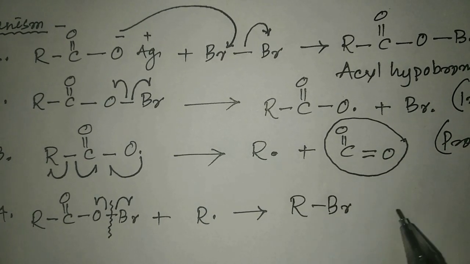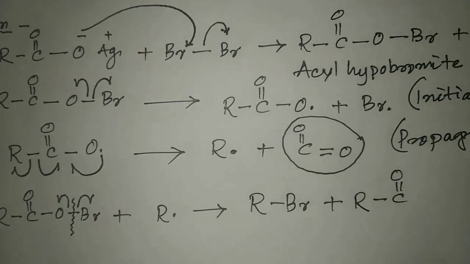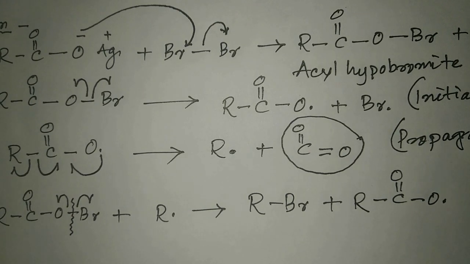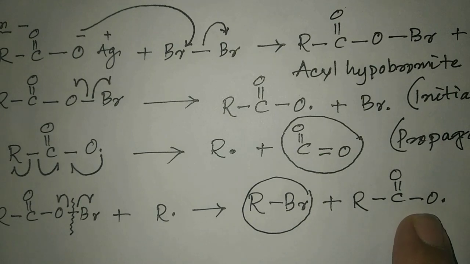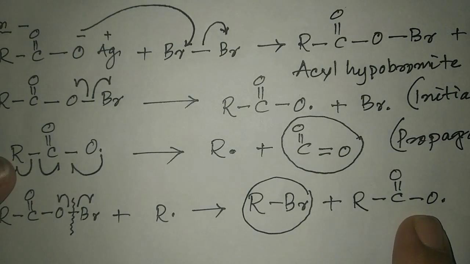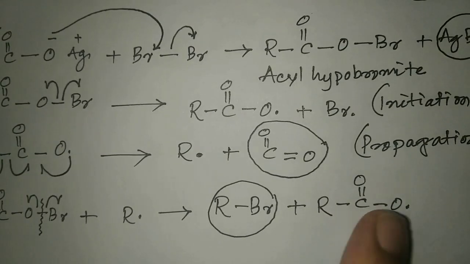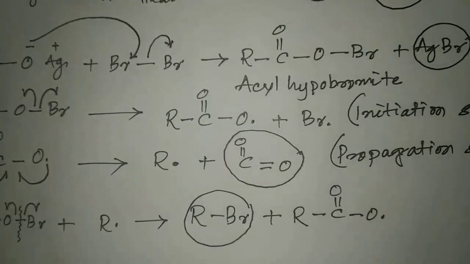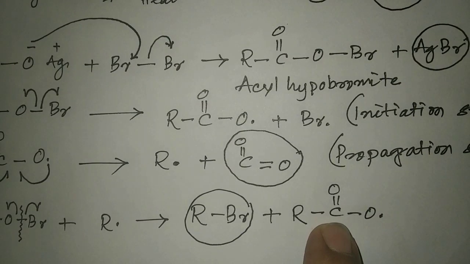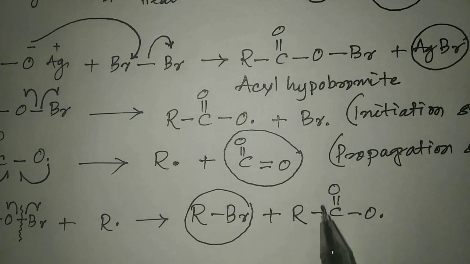This is our product, and along with RBr we are getting the RC double bond O, single bond O acyloxy radical. Once again, this acyloxy free radical will participate in the same manner as the third step. When it undergoes homolysis at this particular site, you will get one alkyl free radical along with the release of a carbon dioxide molecule.